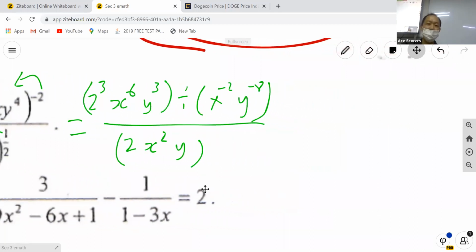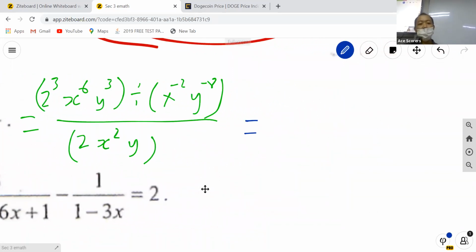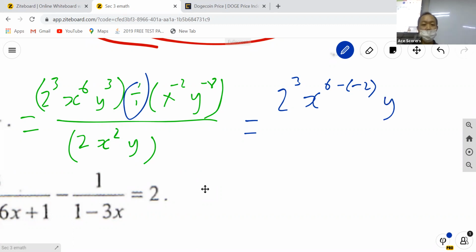Once done, look at this. Okay, so once done, we gotta do the math now. Now you see, this is divide. What's the meaning of divide? Minus. So 2 cubed, just leave it there. Now x to the power of 6 minus 2, then after that y to the power of 3 minus 8, divided by 2x squared y.